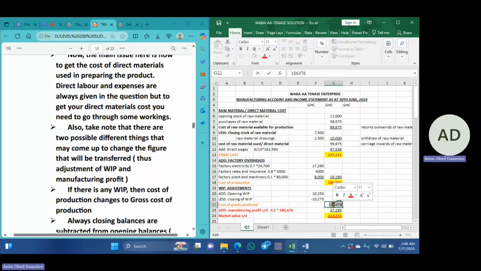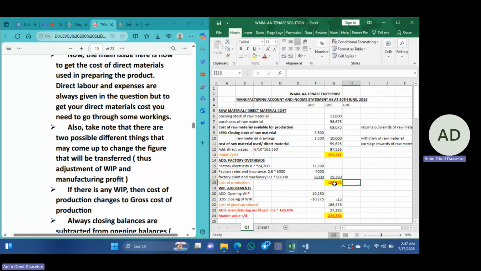If there is no work in progress, then of course you are going to pick this value, 186,501, into the income statement. That is, only if there is no adjustment on work in progress, you are going to pick the 186,501 to the income statement.